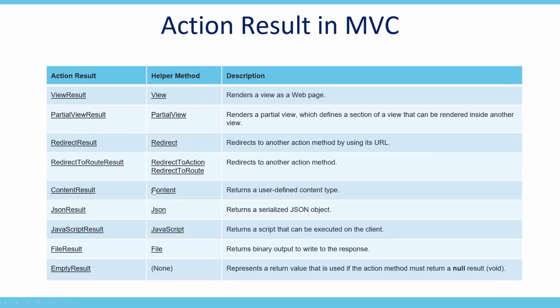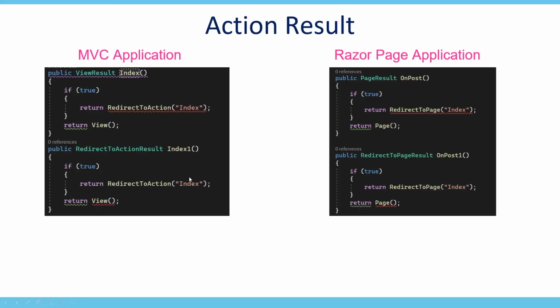So if you are returning any one of these, then you can use the individual return types based on the helper method. But what if you were returning something like this? Right here in MVC, you can see we are returning inside an if. Let's imagine there was some condition here. Based on that, if that condition is true, you want to redirect to action, else you want to return a view.